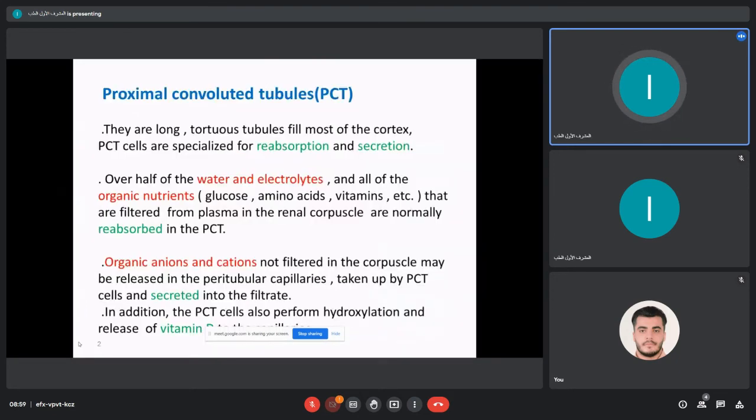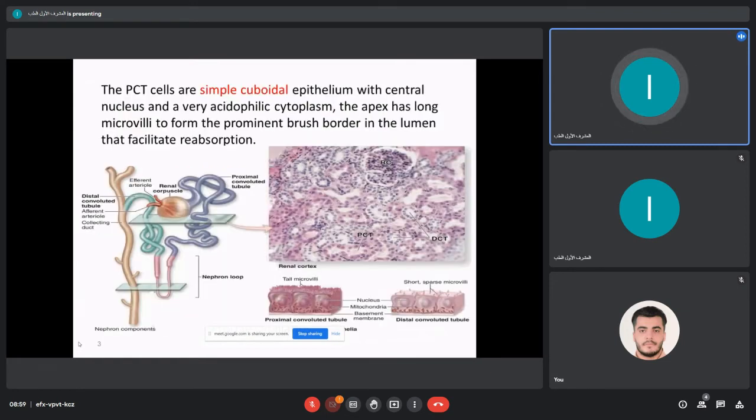Starting from the proximal convoluted tubule, and as I said, it's called convoluted because of its highly tortuous structure, and proximal because of its proximity to the renal corpuscle here. The first part after the renal corpuscle is the proximal convoluted tubule.